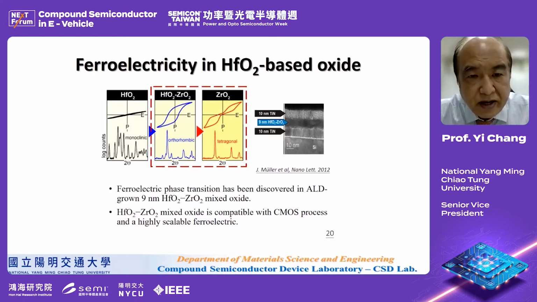This kind of hafnium zirconium oxide is not new, it is used in memory devices, and it is CMOS compatible with highly scalable ferroelectricity. So that's why we choose this material.